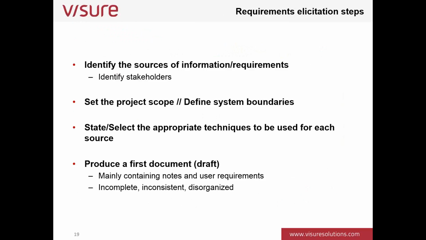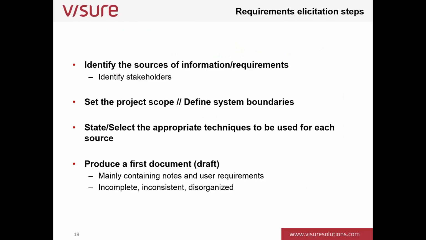After that, we can go to the third one, which must be accomplished after the other two: stating or selecting the appropriate techniques we are going to use for each source of information for extracting requirements. So with the scope in mind and with the different sources identified, we can gather requirements with different techniques.